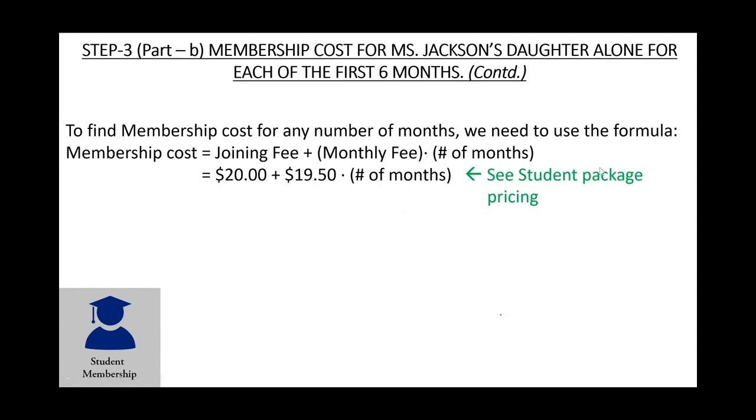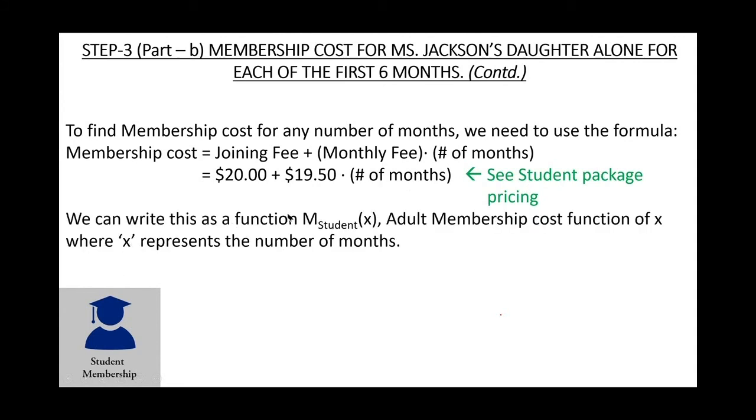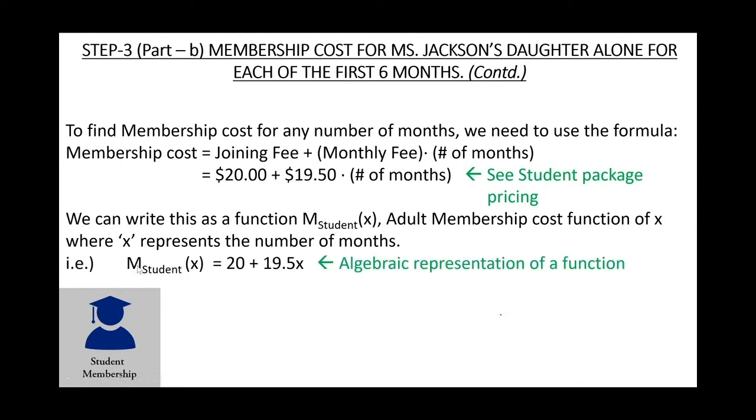So this is the student package pricing. And now we look at the name of the function. We are creating a new function which is m sub student, not adult, m sub student of x. So the function is going to look like m sub student of x equals 20 plus 19.5x. So this is the algebraic representation of this function for students.